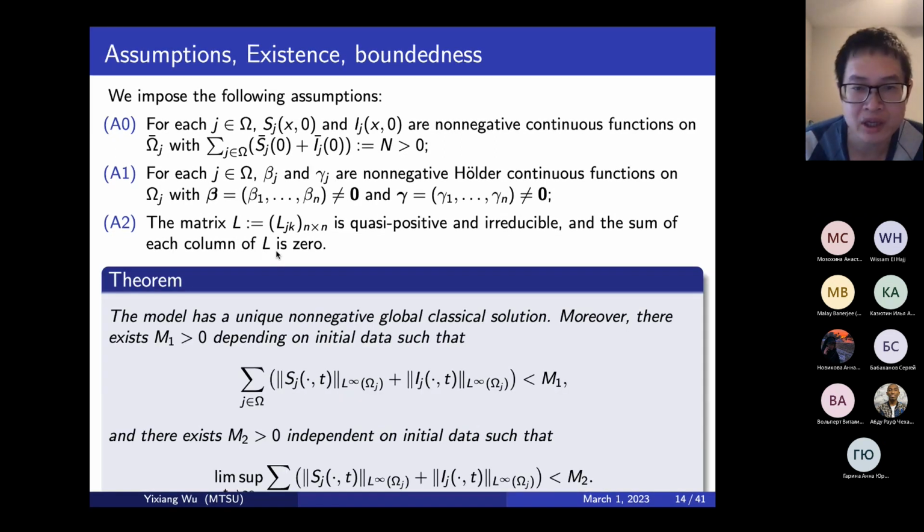We can show that the model has a unique non-negative global classical solution, and the solution is bounded. So there exists M1 greater than 0, depending on initial data, such that the L infinity norm is bounded by M1. And also there exists a number M2 independent of initial data, such that the solutions are ultimately bounded by this constant M2.